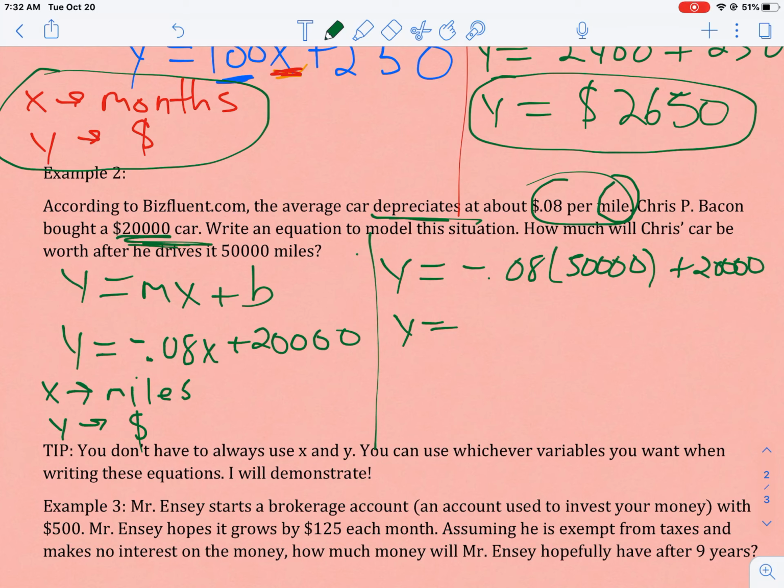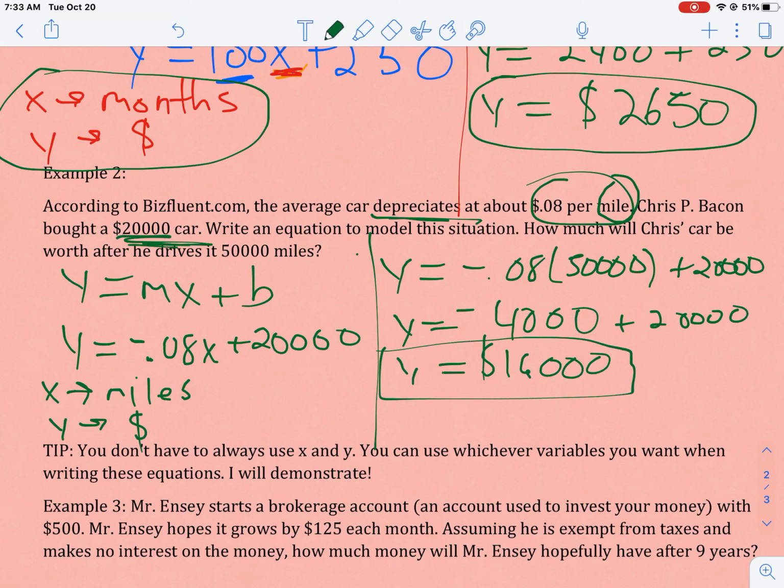So that's 4,000. Negative 4,000 plus 20,000. And y equals $16,000. And this is not really true, since when you drive it off the lot, it loses about 25% of its value. So it'd probably be worth much less than that, unless it's a Toyota, then it holds its value pretty well.